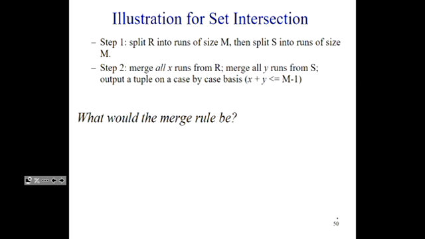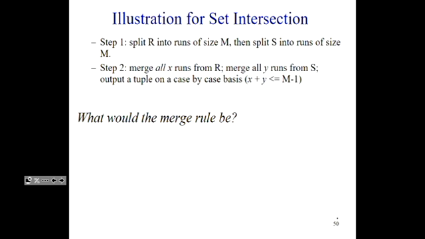Okay, so let's talk about what the merge rule will be. In this case, let's say I'm doing set intersection. What would I use as a rule for merging? I now have one representative from each of the sorted runs of R, and one representative from each of the sorted runs of S. Now I need to merge them in sorted order.